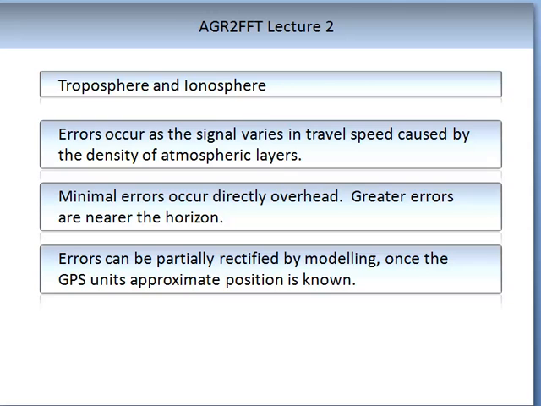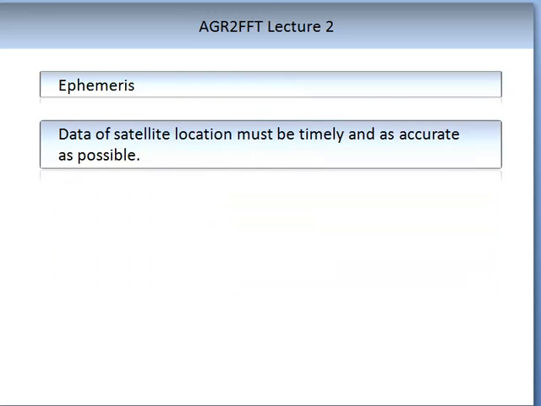Minimal errors occur directly overhead, while greater errors are nearer the horizon. Errors can be partially rectified by modelling once the GPS unit's approximate position is known. Emphasis is where data of the satellite location must be as timely and accurate as possible.